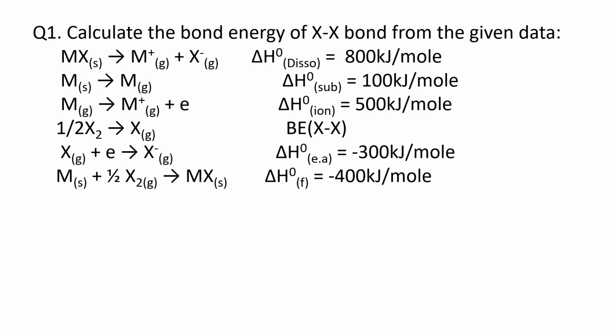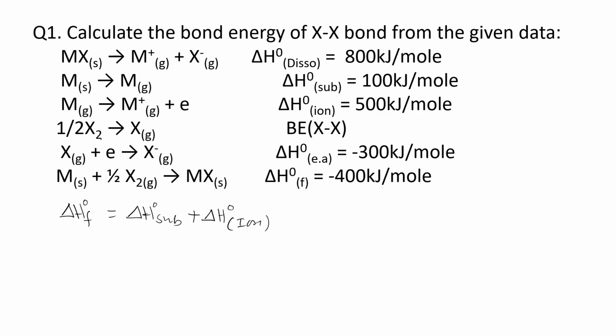So directly we'll apply the Born-Haber cycle. What is that? That is delta H_f naught is equal to, first of all we have to take the sublimation, that is delta H naught sublimation. Okay, after that the ionization, that is delta H naught ionization.